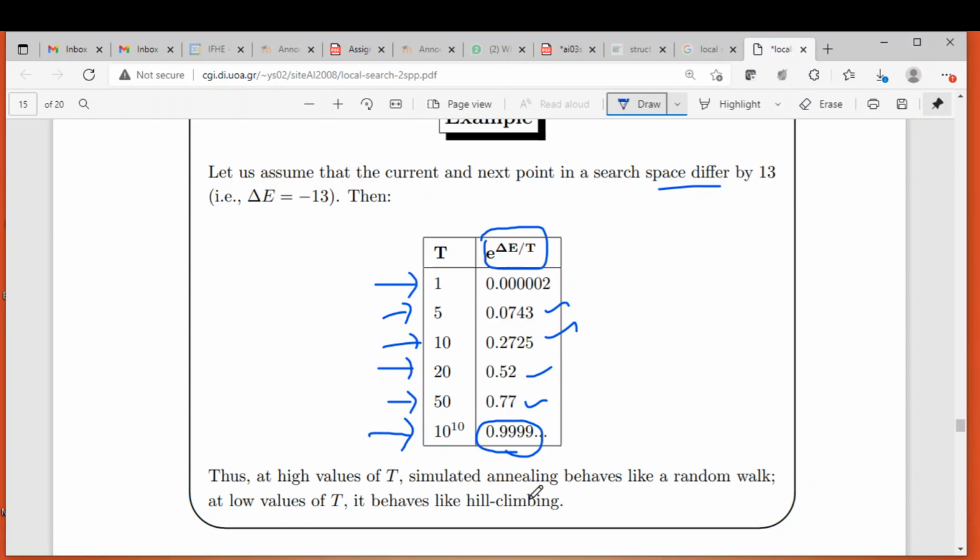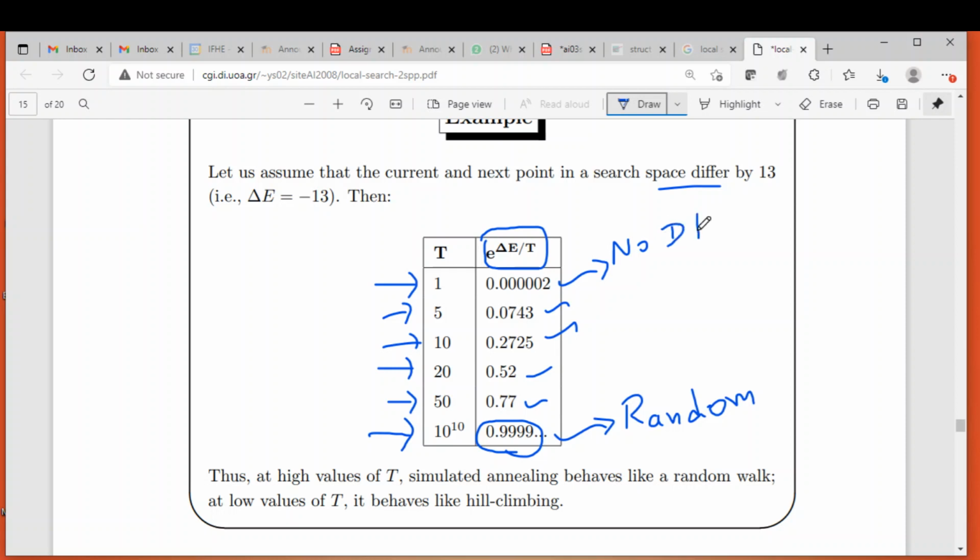So at the high t point, the algorithm is behaving like a random walk algorithm. It accepts every next state irrespective of whether it is good or not. If it is good, it will accept, and if it is not good, it will still accept with the probability of 0.99, which is close to 1. Whereas at the low t point, the algorithm behaves like a very basic version of hill climbing, which does not allow any downhill movement.